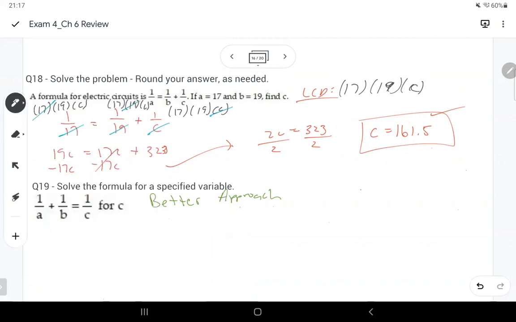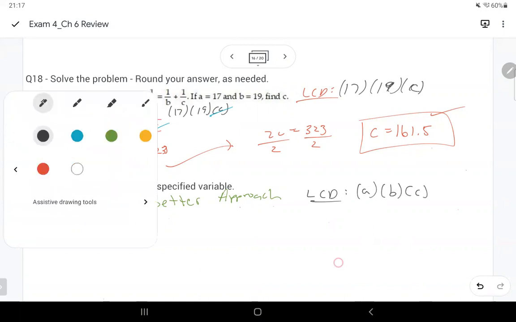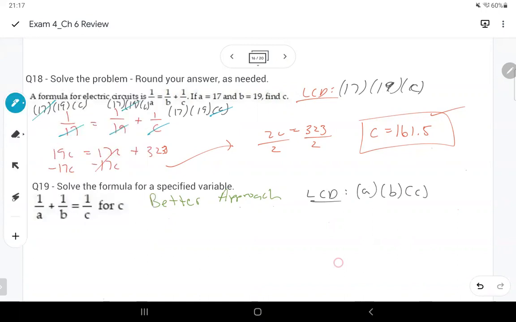Even though I wasn't ready to do it on Monday, I've got you now. So the LCD for this one is going to be all of them. So then we're going to multiply them all.